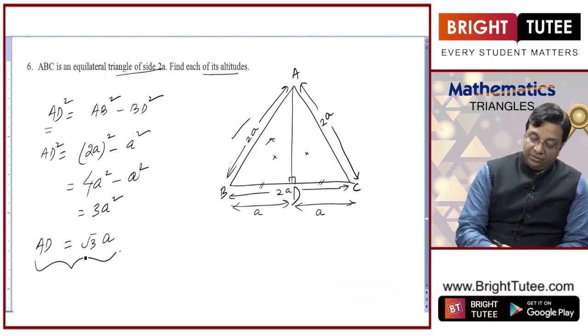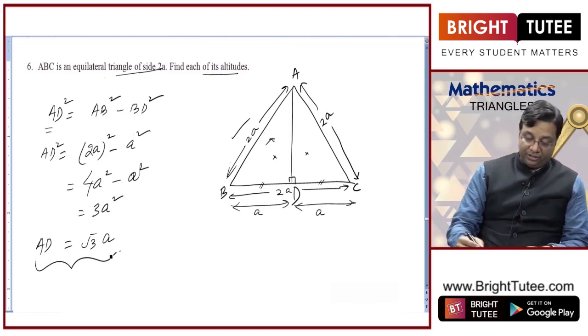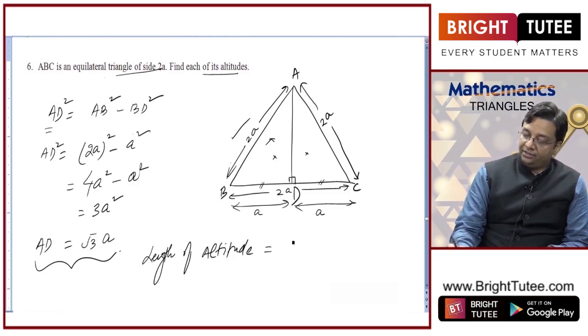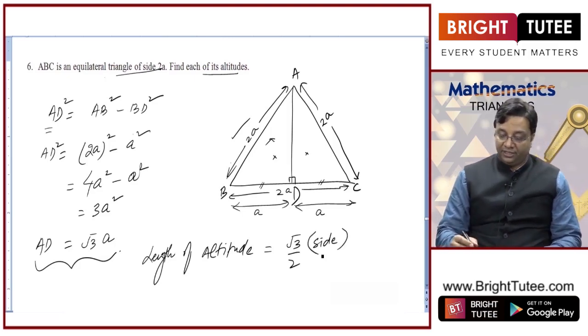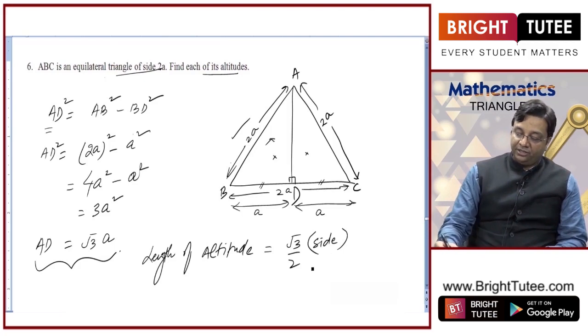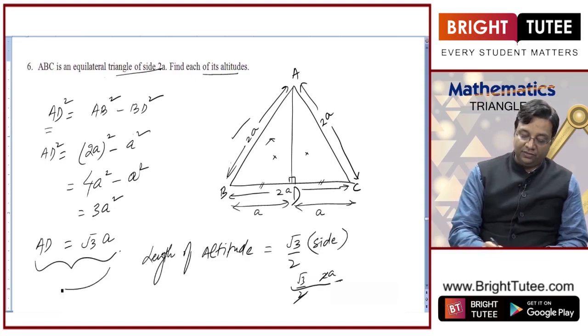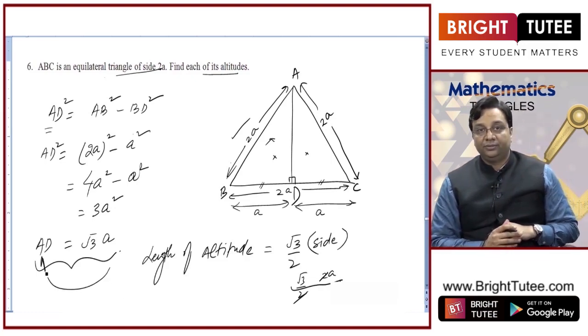Okay. And you can use this as a general expression also, that length of altitude is equal to root 3 by 2 of its side in case of an equilateral triangle. Side here was 2A. So, if you take 2A and multiply it with root 3 by 2, then it will give you root 3 into A, which is nothing but the altitude.